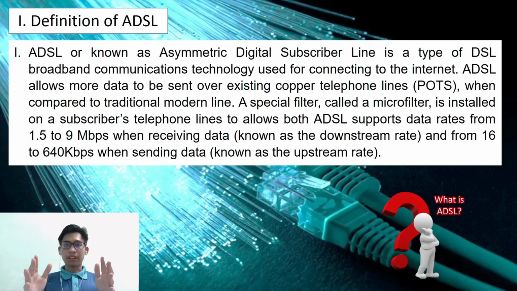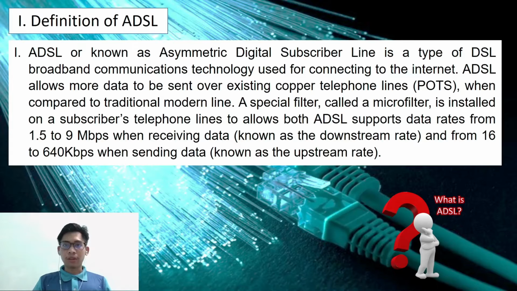Definition of ADSL. ADSL, also known as Asymmetric Digital Subscriber Line, is a type of DSL broadband communication technology used for connecting to the internet. ADSL allows more data to be sent over existing copper telephone lines (POTS) when compared to a traditional modem line.